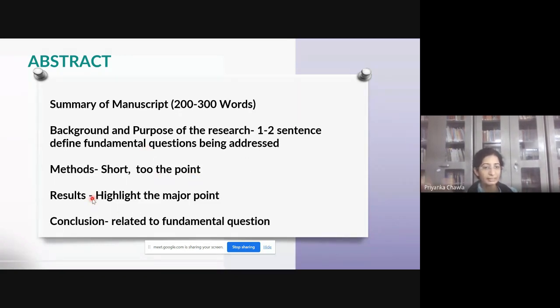And the sample size taken is 100 respondents or 200 respondents. Now, in 1 or 2 lines, it should highlight the major points of the results. It is showing a positive impact on this, or a negative impact on this. End up with the conclusion related to the fundamental question, or we can say its future scope. So this is the way of writing an abstract.